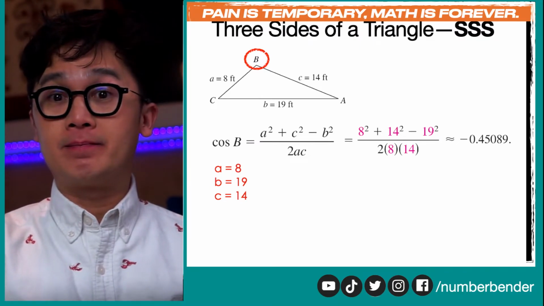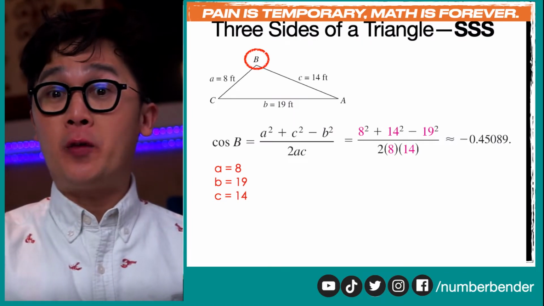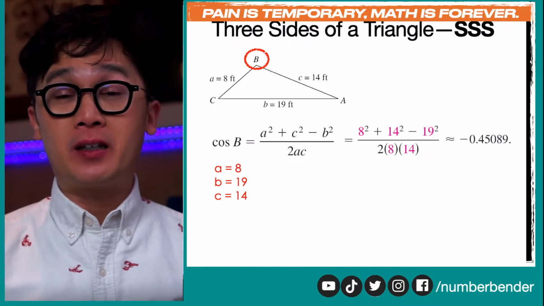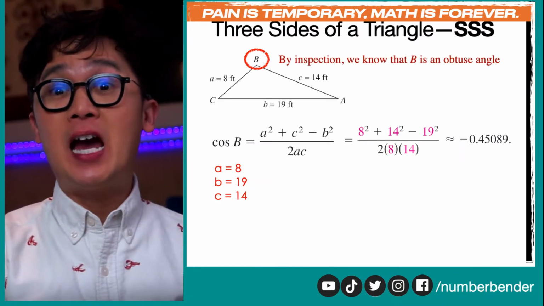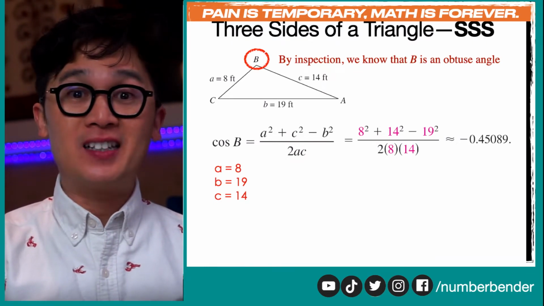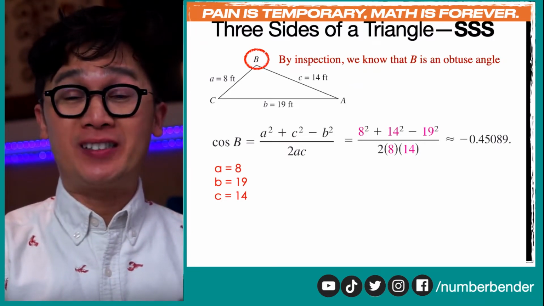0.45089. Notice that negative 0.45089 doesn't match our given angle, because by inspection B is an obtuse angle, and negative 0.45 is not the value of an angle.